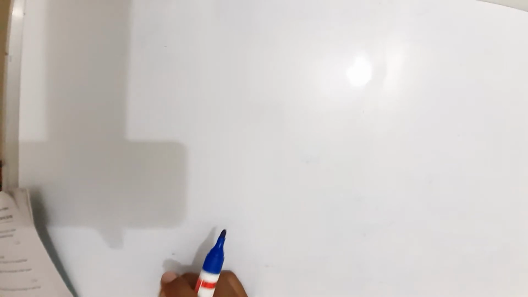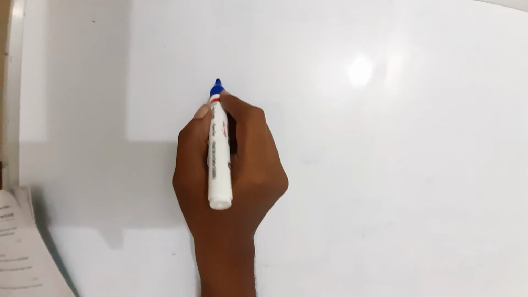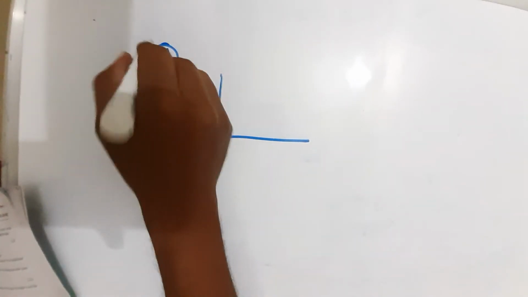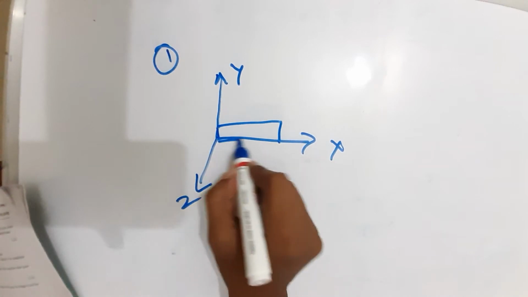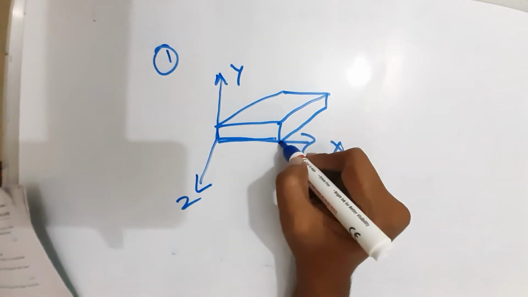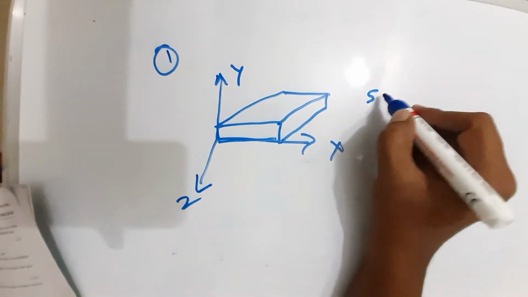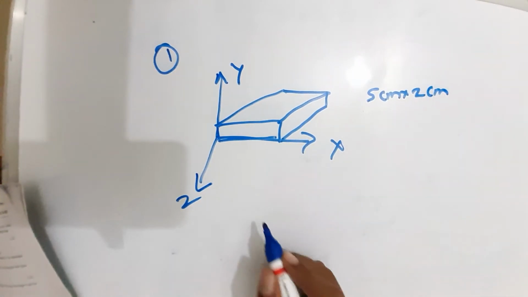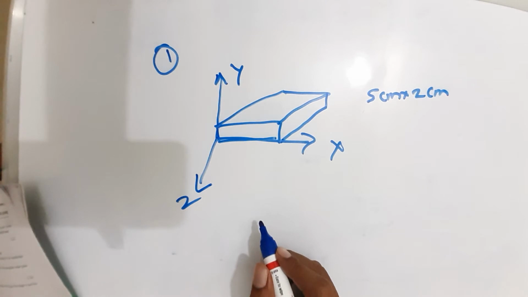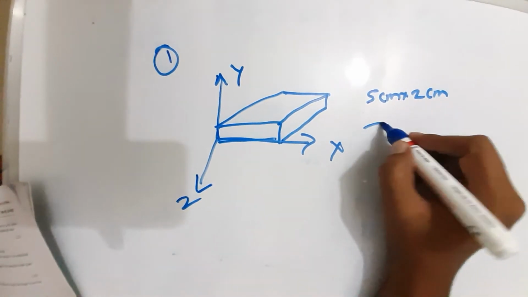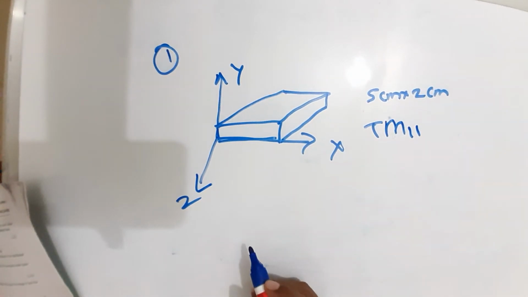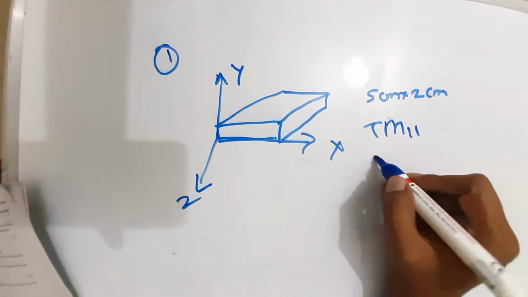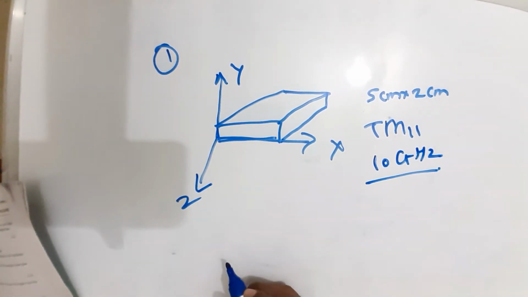A rectangular waveguide, with axes Z, X, Y, has a cross section of 5 centimeter into 2 centimeter, and it propagates in TM11 mode at a frequency of 10 gigahertz.